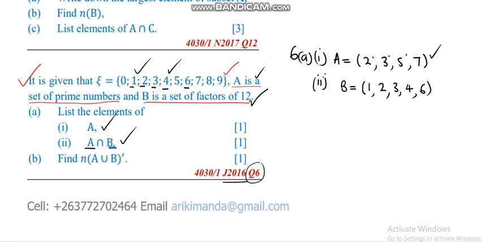But we are not done yet answering our question. Our question says, what is A intersection B?